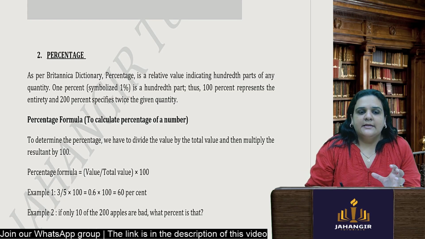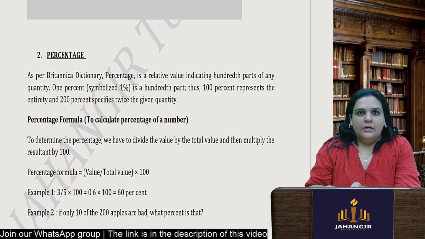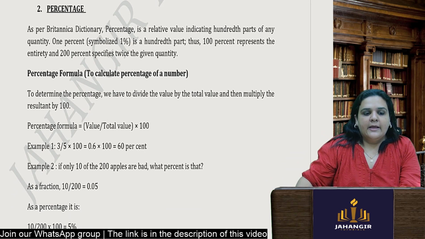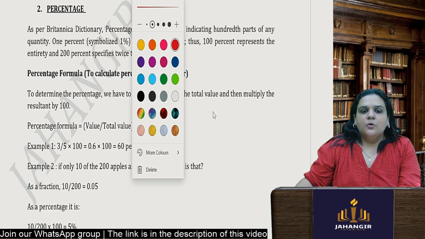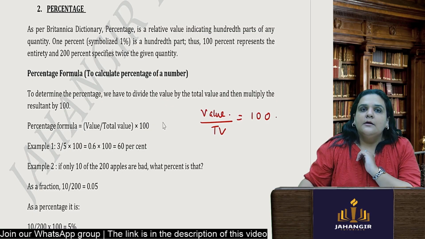Percentage gives you a relative value over a whole value. We have a specific formula to calculate the percentage. Whatever value you want the percentage of, divide that by the total value and then multiply by 100, and you are going to get the required percentage.